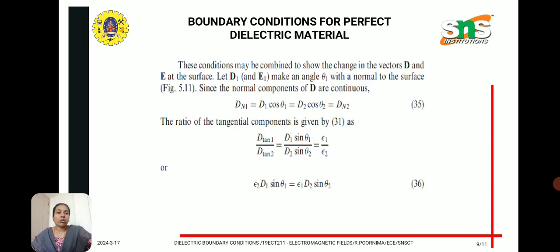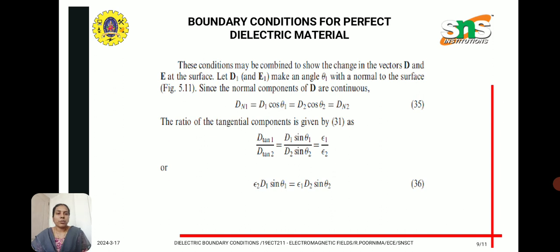We can derive the formula using trigonometry. We consider the tangential and normal components of flux density, and equate Dn1 equal to Dn2, which is equivalent to D1 cos theta 1 equal to D2 cos theta 2.